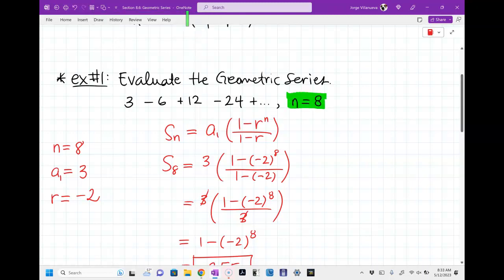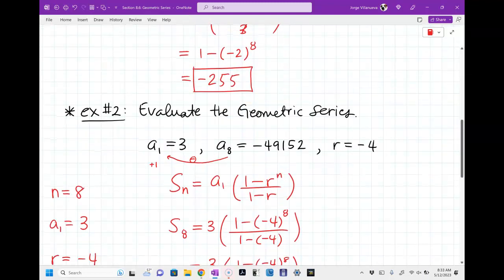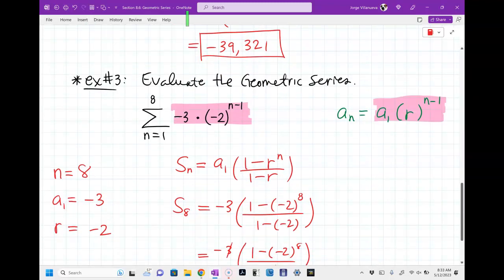N equals 8. That's how many terms we want. For this one, we figured out how many terms by looking at those two numbers, 8 minus 1 plus 1. So it was a certain set of terms. This one right here, we had 8 because we subtracted 8 minus 1 plus 1.